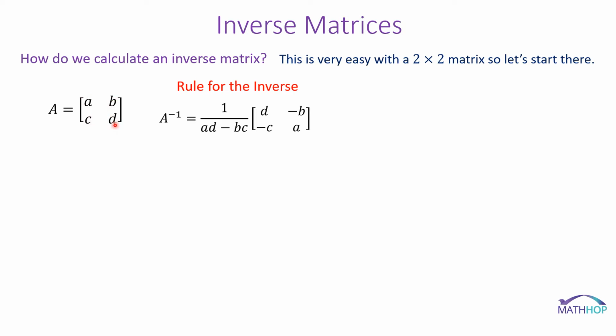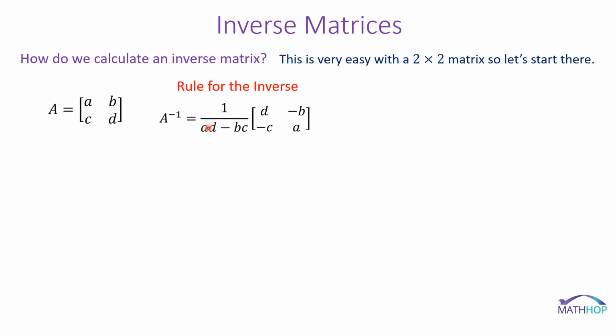So top left to bottom right, multiply A times D, subtract C times B or B times C. Okay, and then we're going to multiply this by what I like to call the matrix reimagined or the matrix rearranged. A and D are going to switch places, and B and C are going to switch signs. If they're negative, make them positive. If they're positive, make them negative.